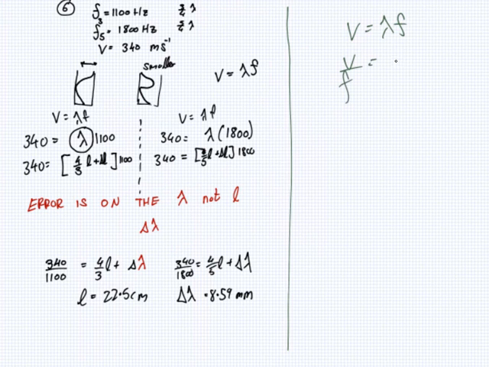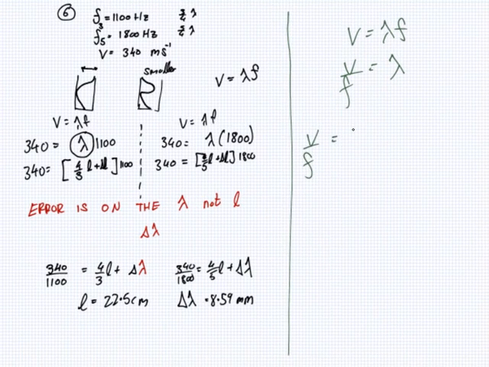So for the first one, you get V over F, and the lambda is 4 over 3 the length of the pipe. And then for the second one, it's V over F equals, what is it, 4 over 5? Yeah, 4 over 5 the length of the pipe.